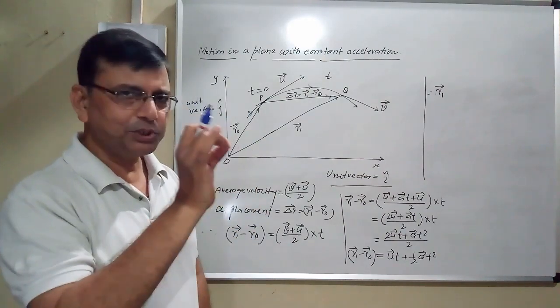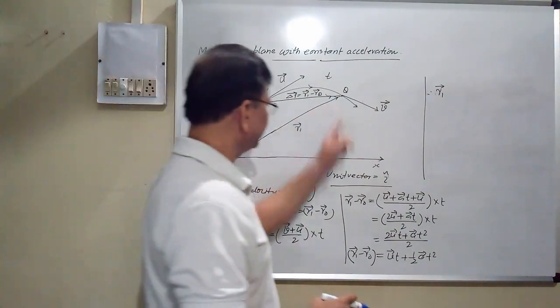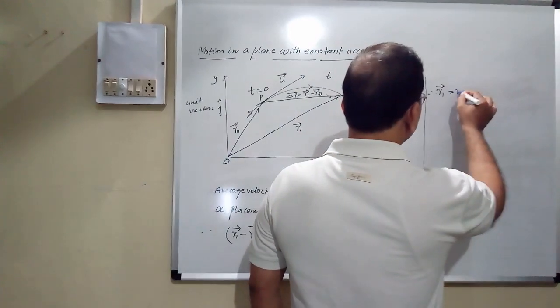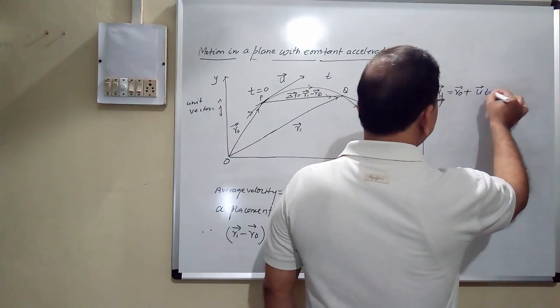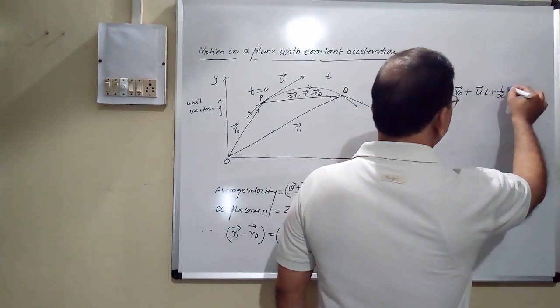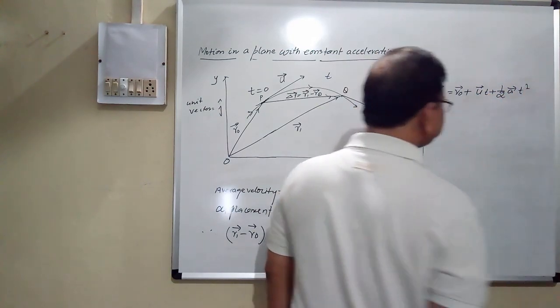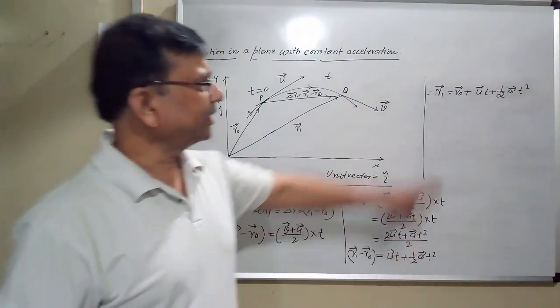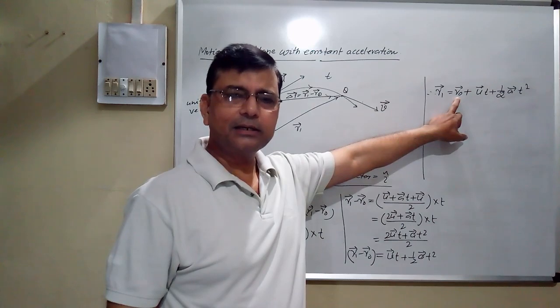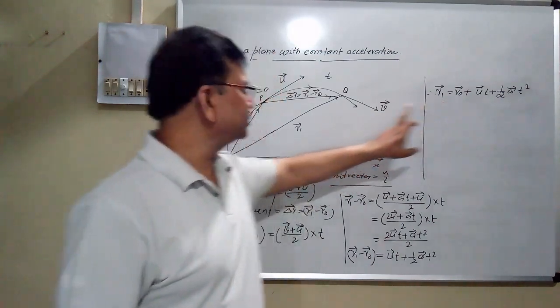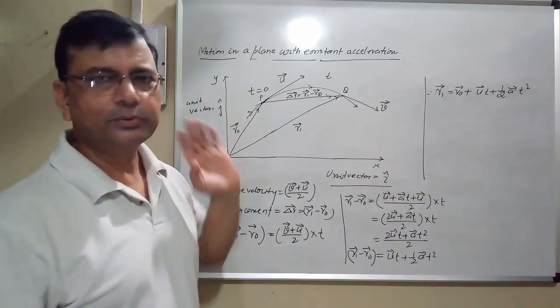So final position, there is a position vector, that is r1, that is equal to r0 plus ut plus half at square. R0 is the position vector of the object at t is equal to 0.